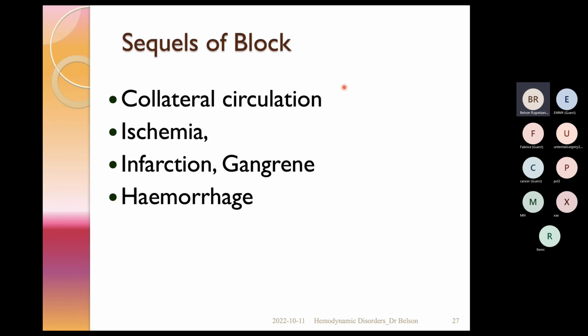Ariko cyane cyane practically kigaragara he, muzamubona abana cyangwa abantu bakuru bafite cirrhosis. Cirrhosis ni fibrosis of the liver as we have seen in the morning. So usually cirrhosis will cause the portal circulation to stop, if I can say so.